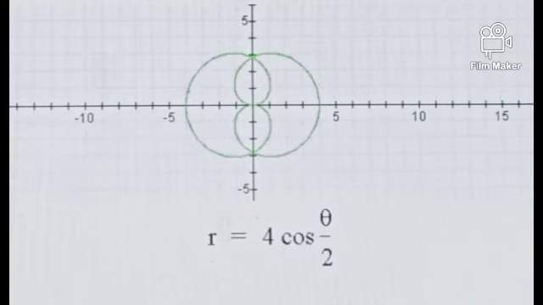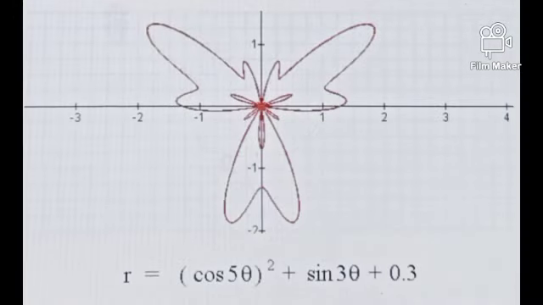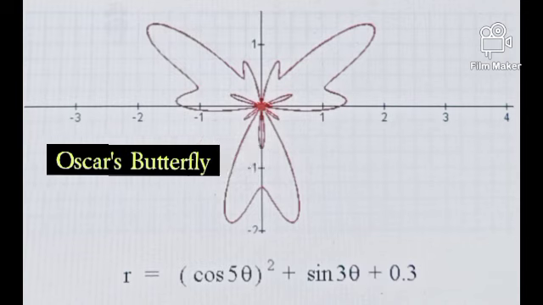And this graph is also not given a title or a name. The polar equation of this graph is given by r equals the square of cosine 5 theta plus sine 3 theta plus 0.3. And this graph is known as Oscar's butterfly.